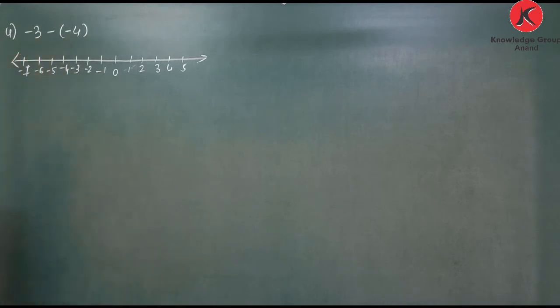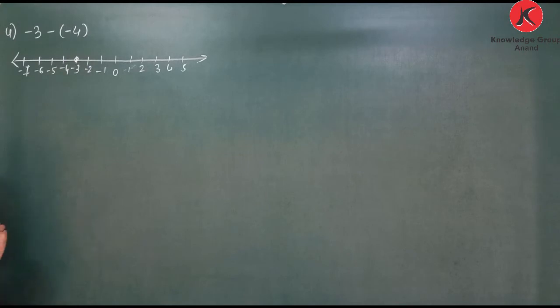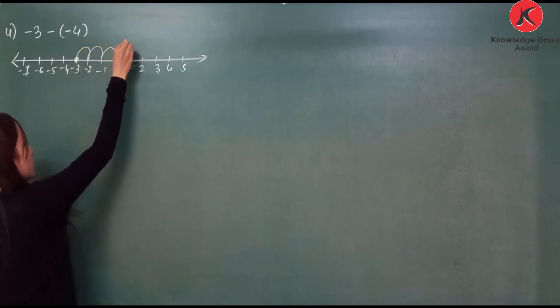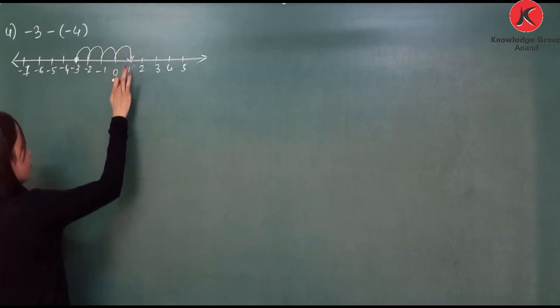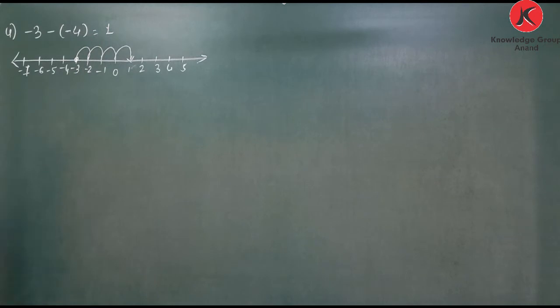If we want to subtract a negative, move right side. So here first locate -3, and move 3 steps right side. So 1, 2, 3, 4. Sorry, 4 steps. So the answer is 1. Okay, so this is the addition and subtraction of integers on the number line.